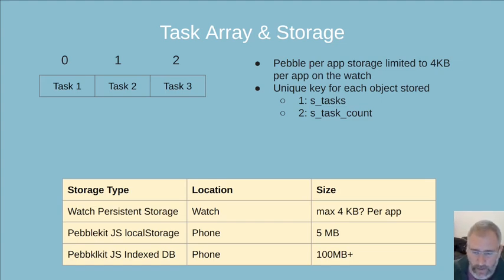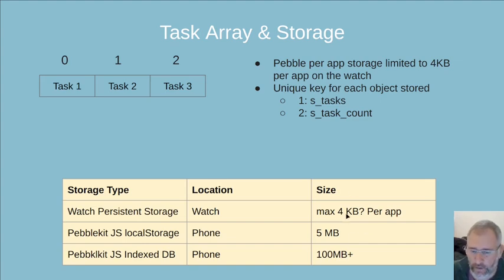If you've got 100 characters per task maximum, and each character uses about 1 byte, then 100 multiplied by 35 is 3,500. So that's where you get the 3.5 kilobytes, which has got to be under the 4 kilobytes.